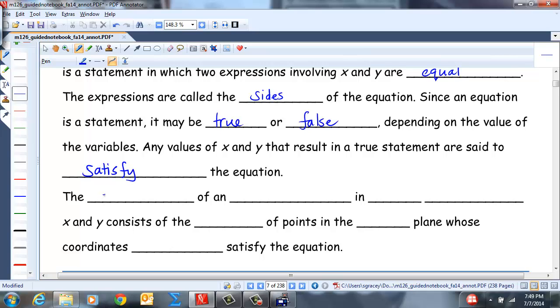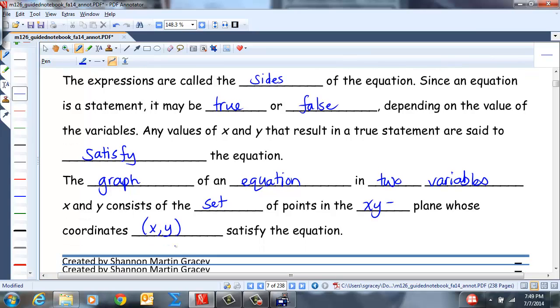The graph of an equation in two variables, x and y, consists of the set of points in the xy plane whose coordinates (x, y) both satisfy the equation.